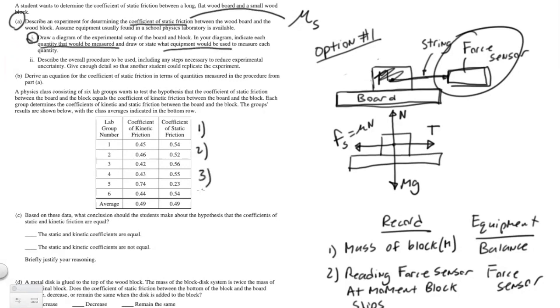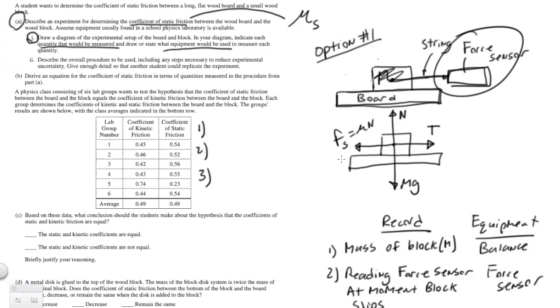Step three, you'd write begin to pull on the block and gradually increase the applied force. So you want to increase the tension that's acting on the block. And again, as tension gets bigger, the static force will get bigger as well until you reach the maximum force, the maximum amount of static friction.